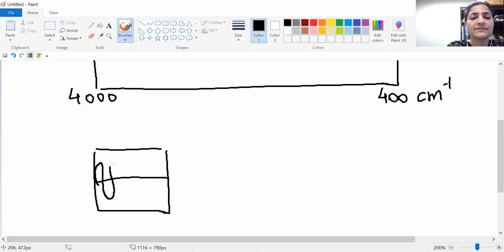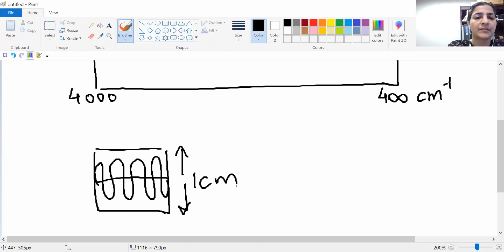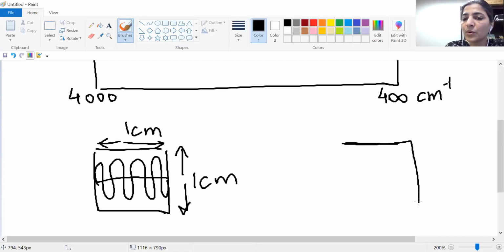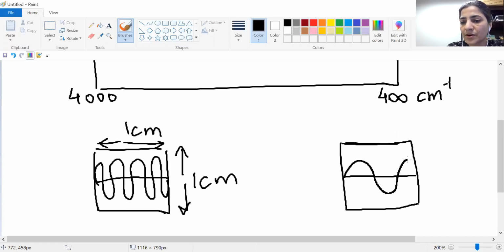How many waves can be accommodated in this 1 centimeter by 1 centimeter box? On the other hand, lower numbers indicate that lesser number of waves can be accommodated.